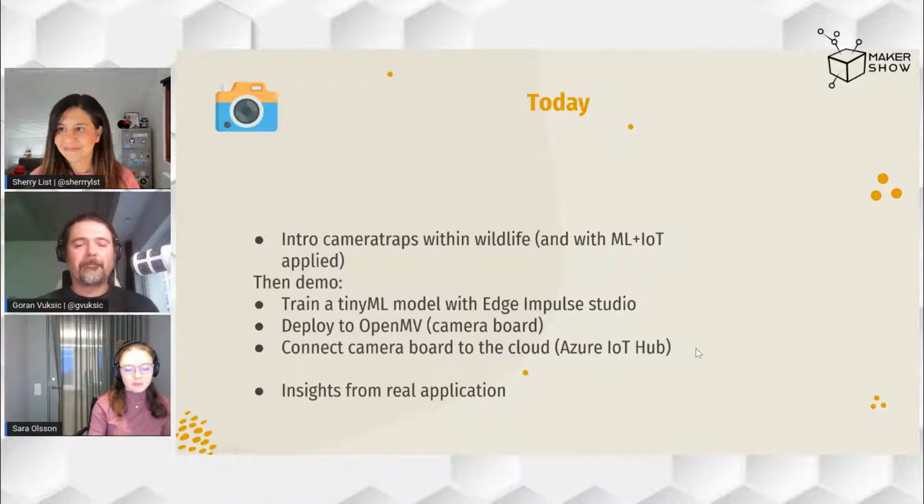I will also connect the board as an IoT device on Azure IoT Hub. We can then send the classification results to the cloud and make use of them in a mobile application to see what's happening. And with the time we have left, I'd be happy to show some insights from a camera trap project that I've been involved in.